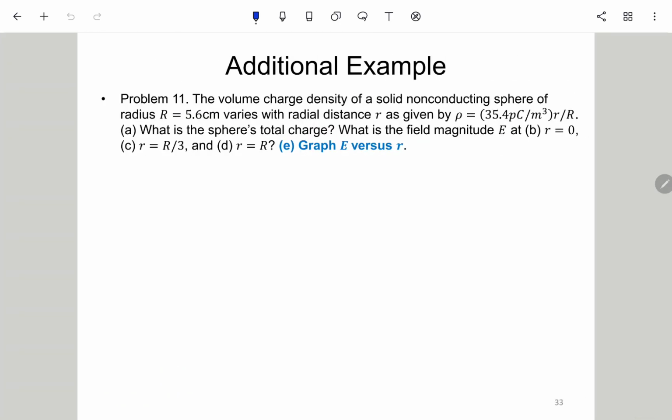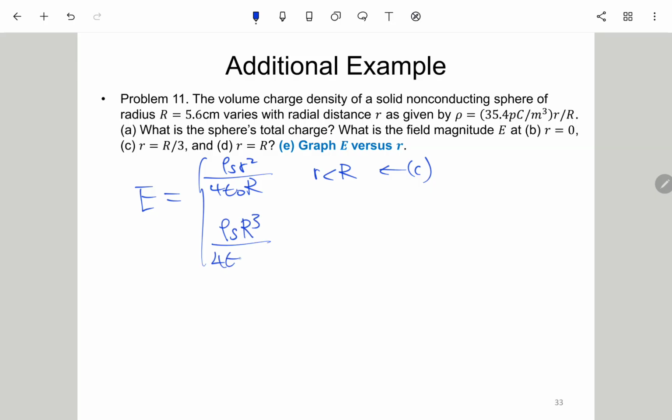For question E, it asks you to plot the E field. Actually, we have E equal to rho s R squared over 4 epsilon naught when R is smaller than capital R, according to question C. And according to question D, we have rho s times capital R cubed over 4 epsilon naught R squared.